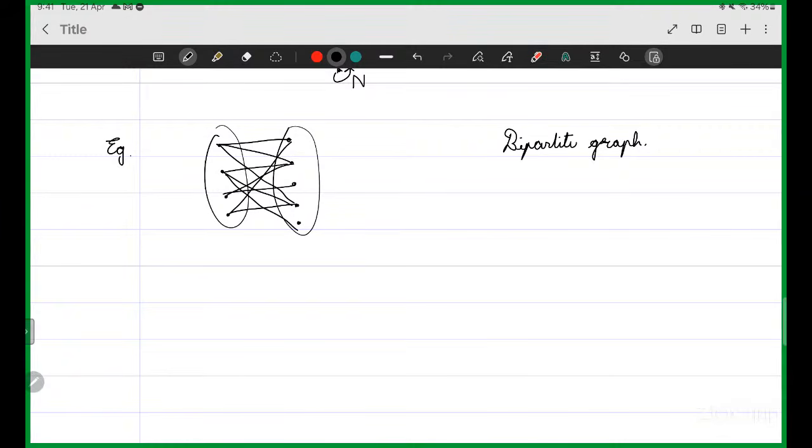Correct. A bipartite graph is something where you can split the vertex set as a disjoint union of two subsets such that each of them is an independent set. There is no restriction on the cardinality of V1 or V2.